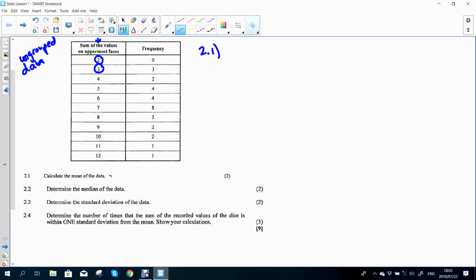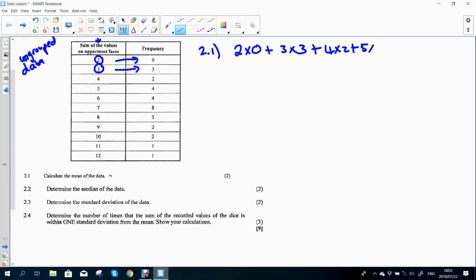Now you have 2 options here. You can work out the mean the very long way, basically taking each data value times its frequency, so it's 2 times 0 plus 3 times 3, the data value times its frequency, and you're going to do that for all of them.